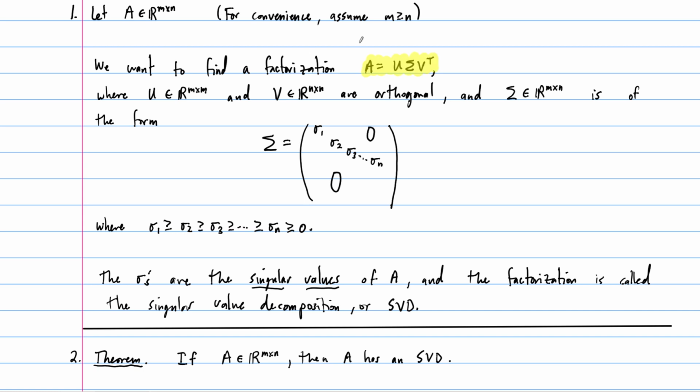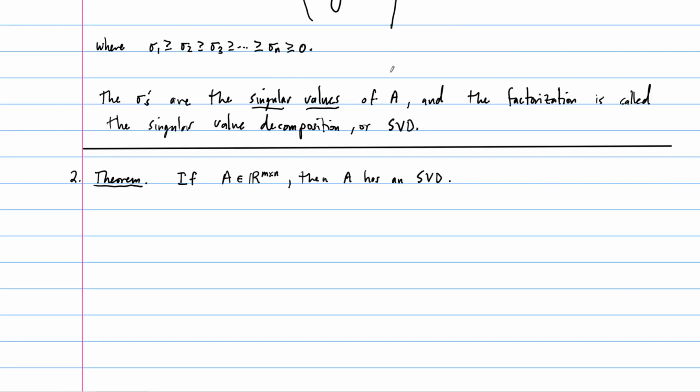So this is an existence theorem. It says that, okay, I've just laid out this process of what we want to find, and this theorem is going to tell us that it is not going to be a waste of our time to try to find such a decomposition, right? So the singular value decomposition of every matrix exists, and therefore we can try to find it.